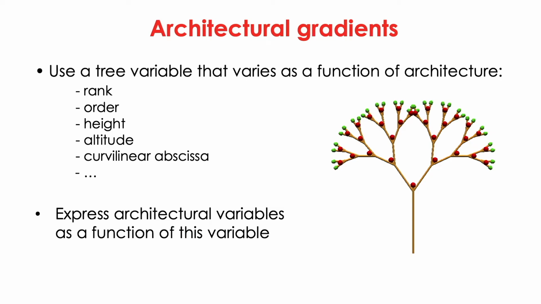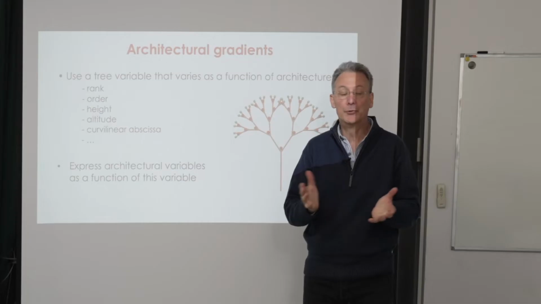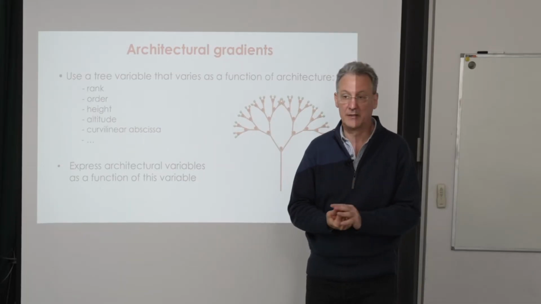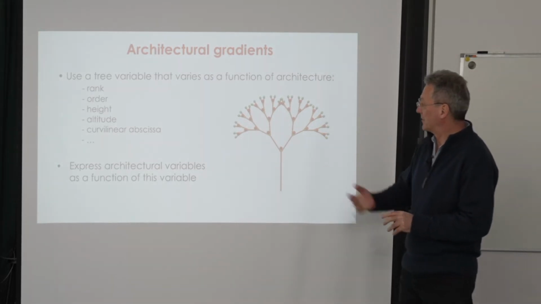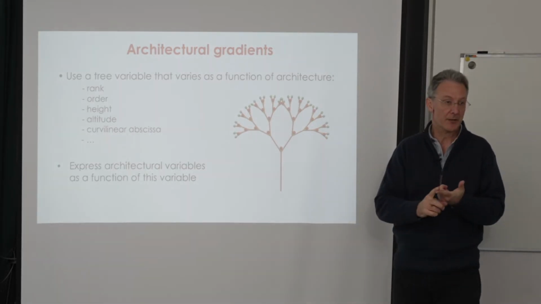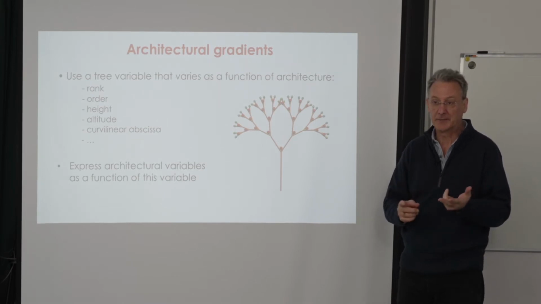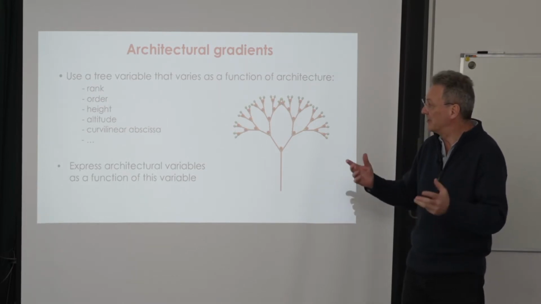Now, we spoke yesterday about architectural gradients. How do we implement this in this type of model? Here you could do this on a monopodial plant or sympodial plant, and in many different ways.